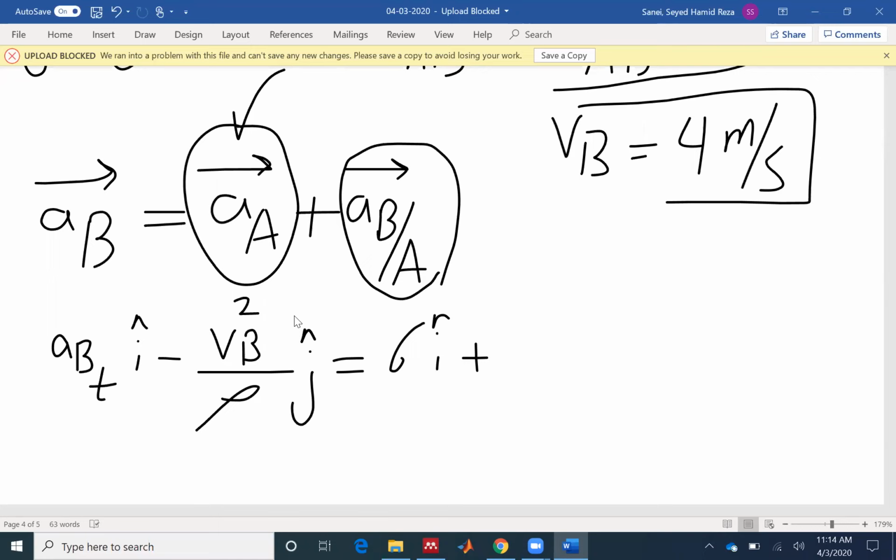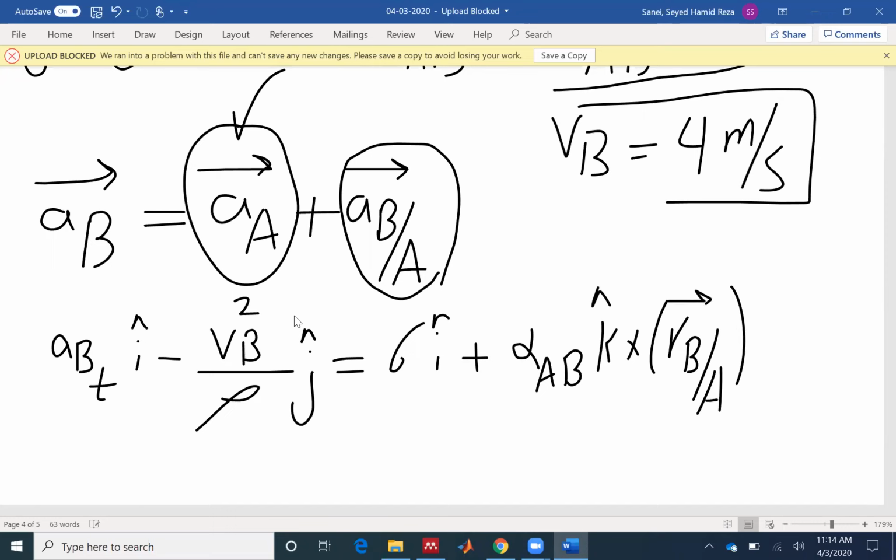I have alpha AB cross RB with respect to A, that's the tangential component, and also omega AB squared times RB with respect to A. I found omega AB to be 0, so the second component would go away.